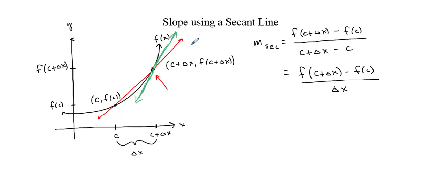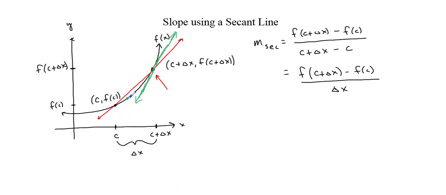What do you want to move? Well, what if C wasn't right here? What if C was right here? Would that slope of the new secant line be a little bit closer to the slope of the actual tangent line?